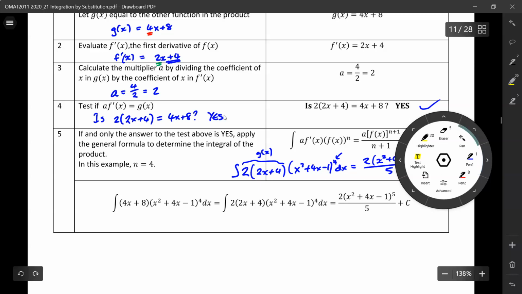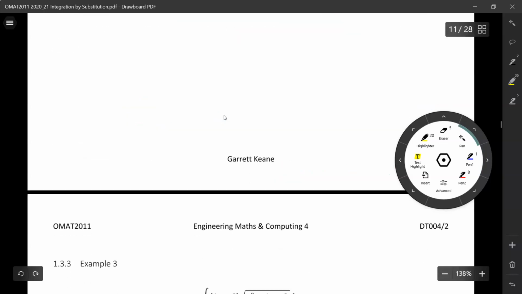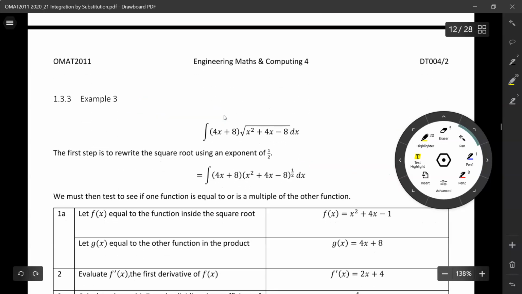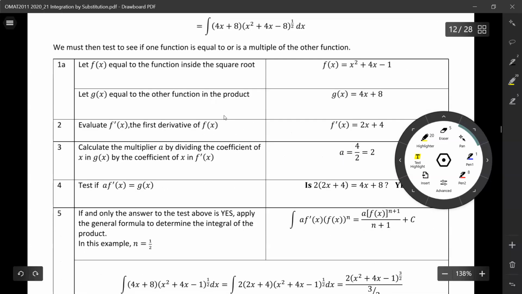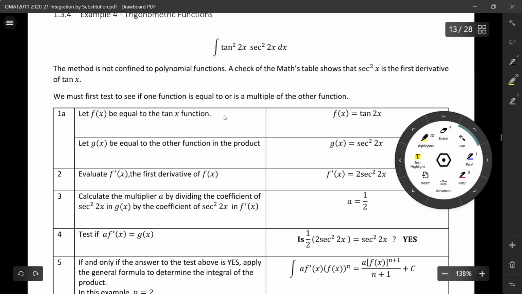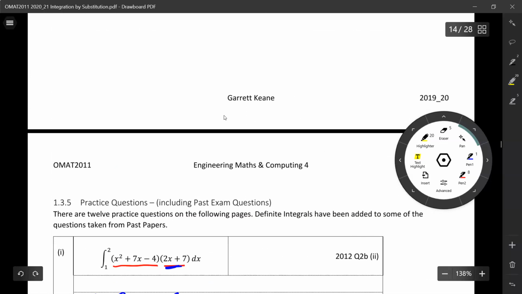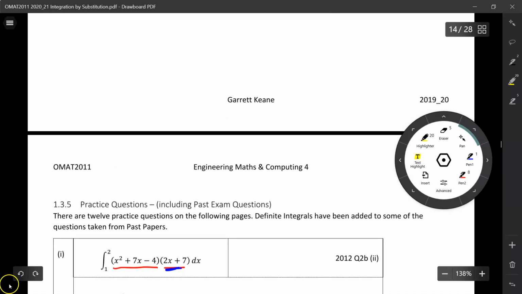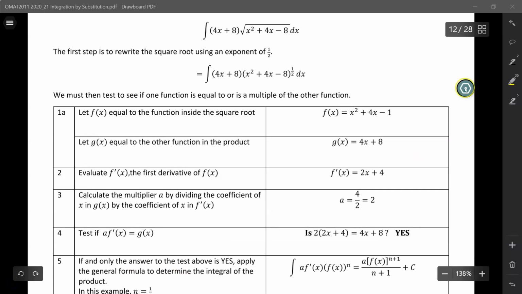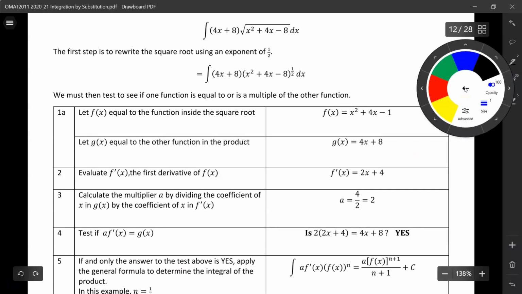Okay, now there's more examples here, and I think this one here, I'm going to pause this video here. So in this example, we have a product, but this time we have a square root.